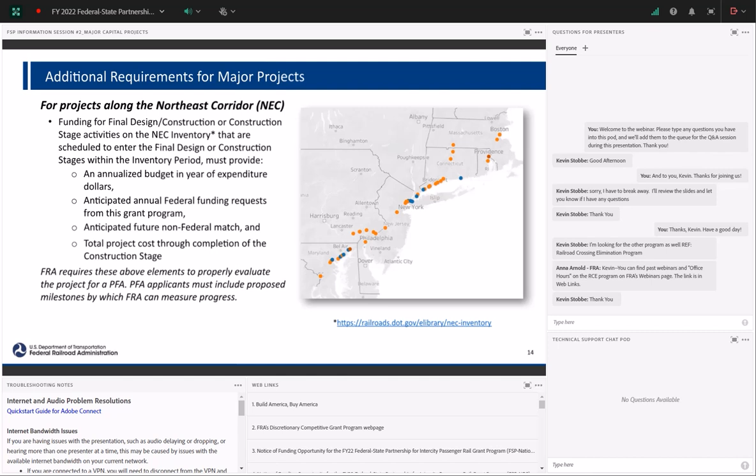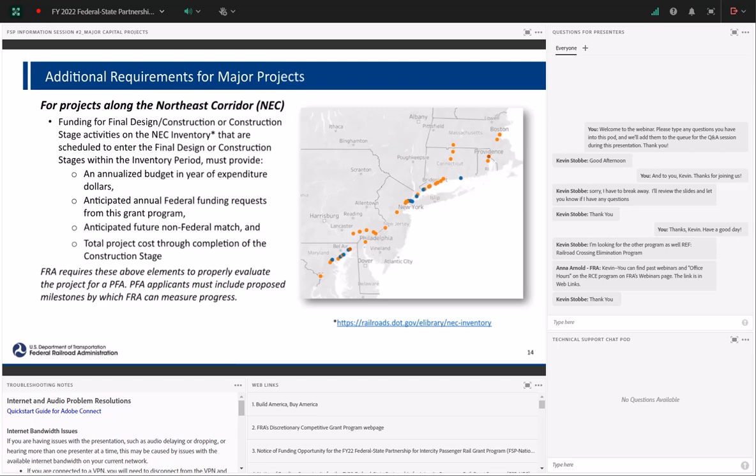So for projects along the Northeast Corridor, funding for final design, construction, or construction stage activities on the NEC inventory that are scheduled to enter the final design or construction stages within the inventory regulatory period must provide an annualized budget in year of expenditure dollars, anticipated annual federal funding requests from this grant program, anticipated future non-federal match, and total project costs through the completion of the construction stage.